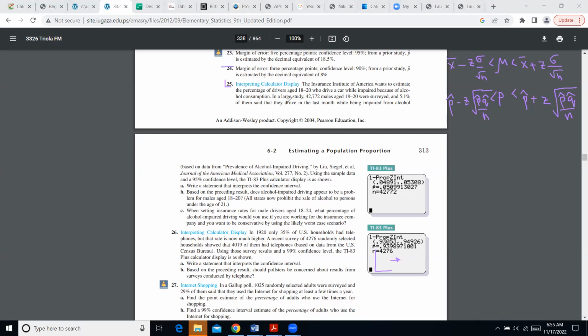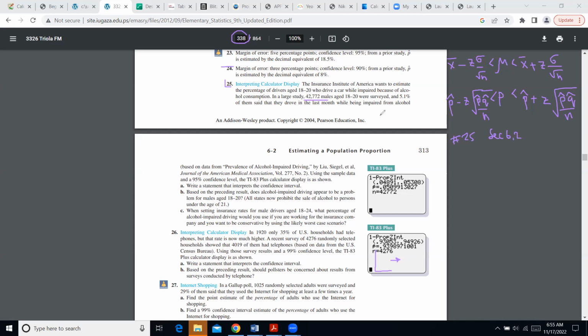So it looks like that's what they want to do for the group of males between 18 and 20. So they consider this exercise 25, which is here on page 338. We're in section 2 of chapter 6.